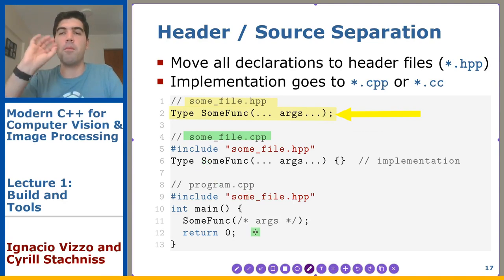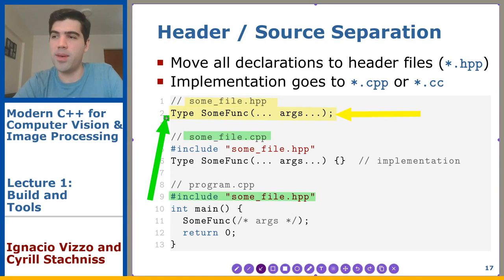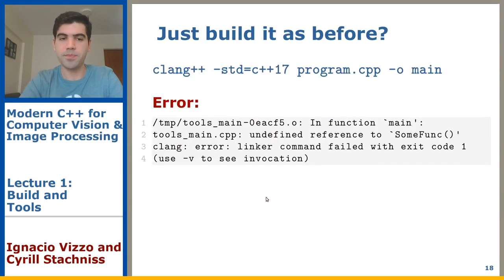Then, for example, in your main program, the only thing you need to know for now is that you need to include the header file. The header file holds this promise I'm talking about, that is the function declaration, but not the implementation. And then you can use this function without any problems.